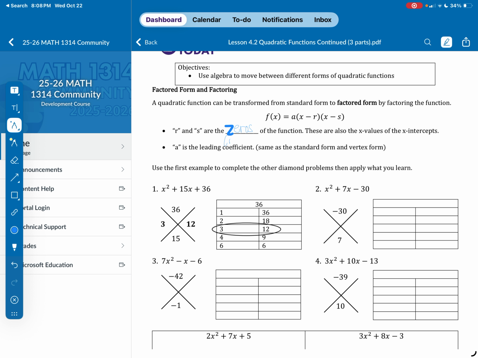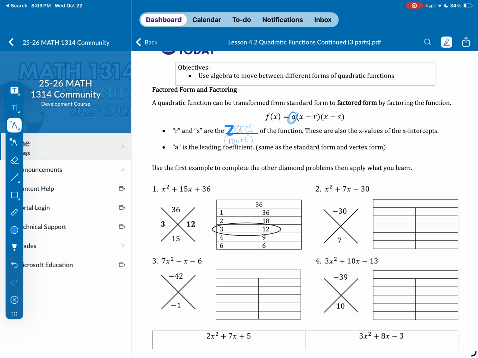The zeros are also the roots of a function. Those are also the x values of the x-intercepts of the function, okay? As with the standard form and vertex form, a is still your leading coefficient, and so whatever this number is here, that's still your leading coefficient, okay?